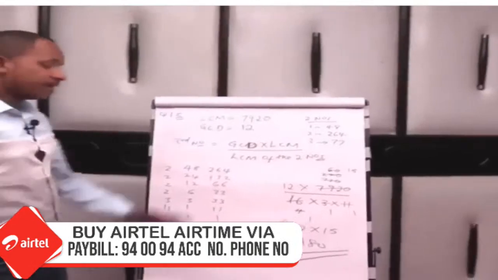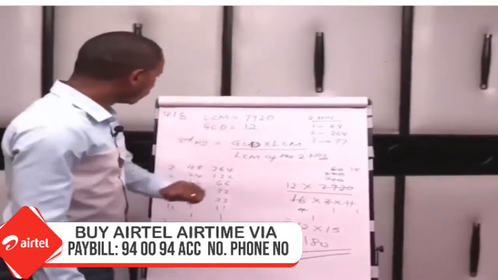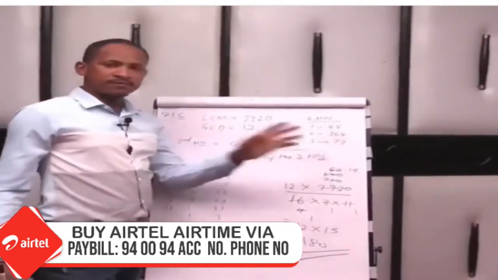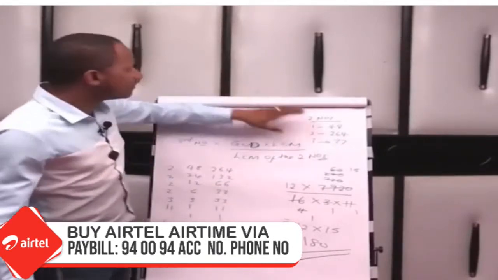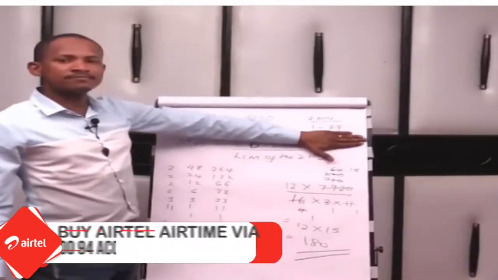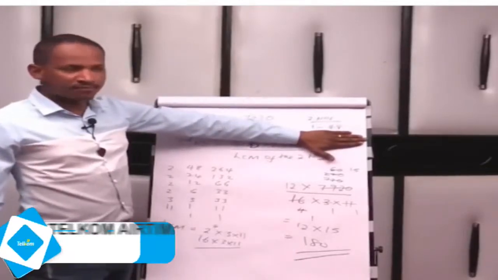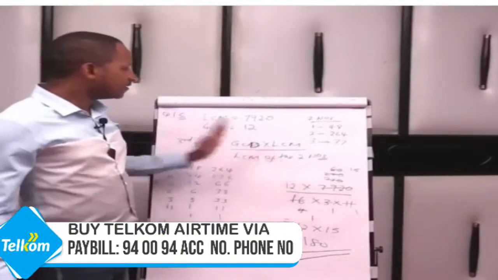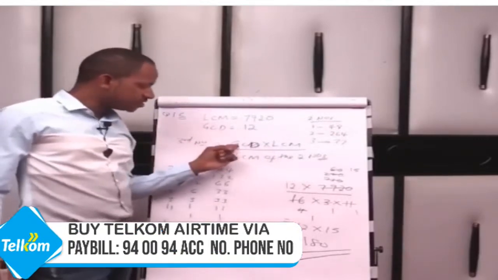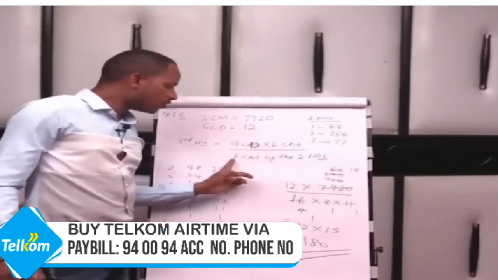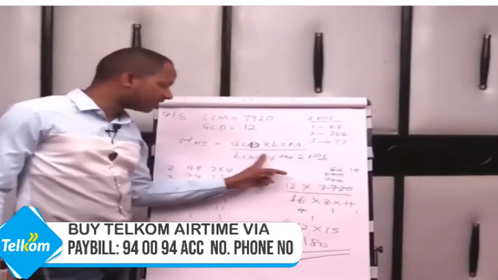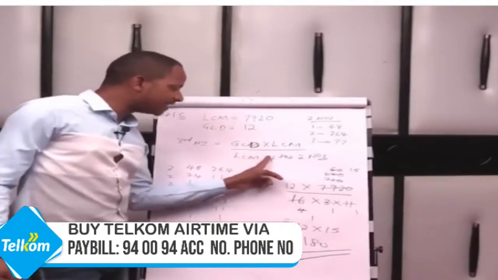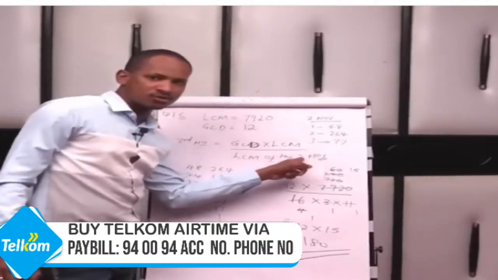Very easy. Now, class, you can be told there's a sum, and you can also be given the GCD and the LCM, and then you are only given one number. In case you are given one number, the formula remains the same, but it is GCD times LCM over the number given, or over the LCM of the number given, not two numbers now.